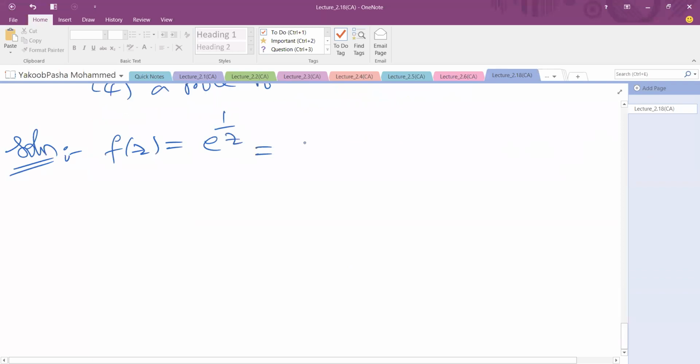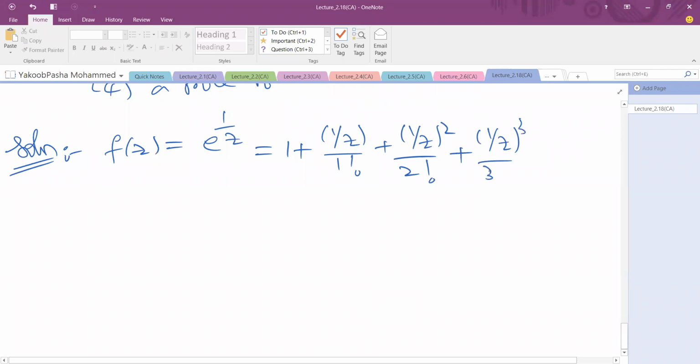We can write the expansion 1 plus 1 by z by 1 factorial plus 1 by z whole square by 2 factorial. I'm writing one more term here, 1 by z whole cube by 3 factorial plus and so on. This is the expansion.